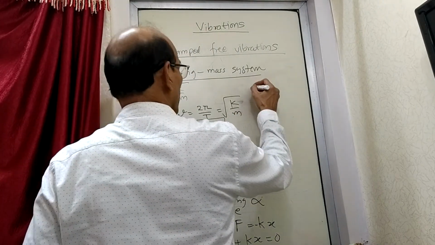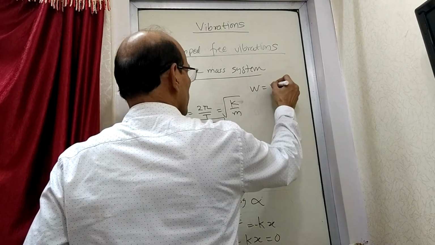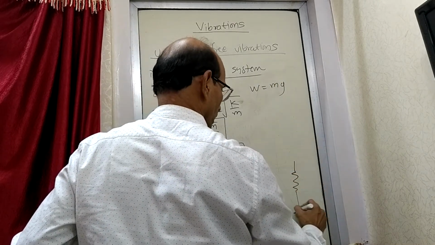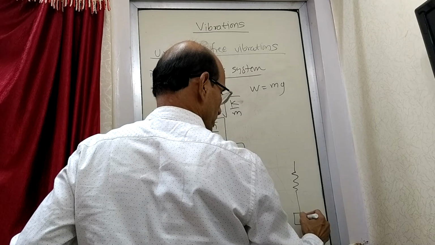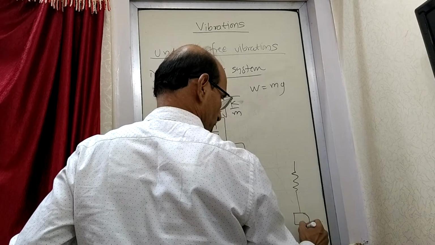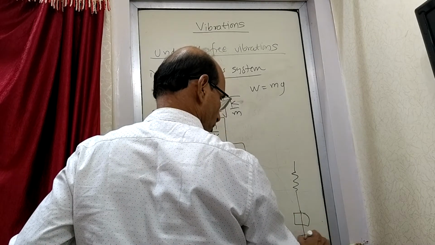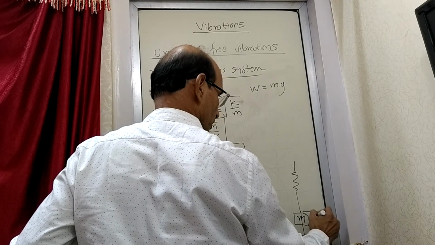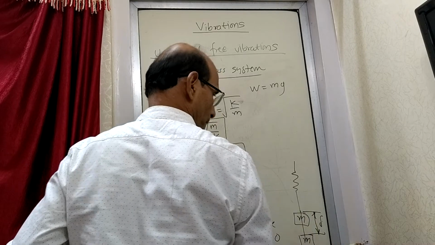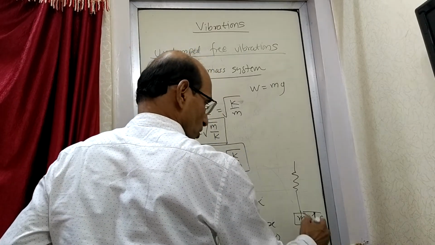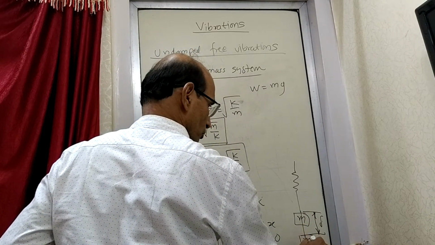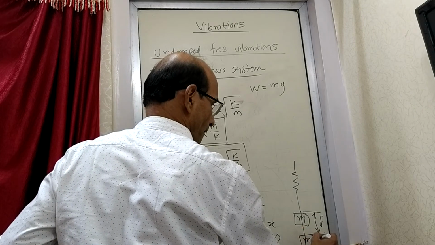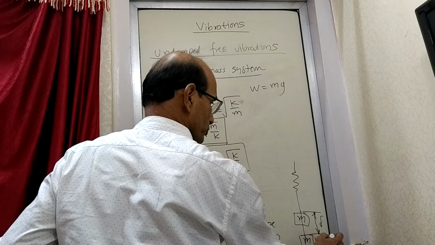See, we already know that W is equal to mg. If you remember what we had done earlier, like this. This was a mass, so it has come, say, from here to here. Initially, that was a deflection delta, and this m was causing a force. We call that force W equal to mg.